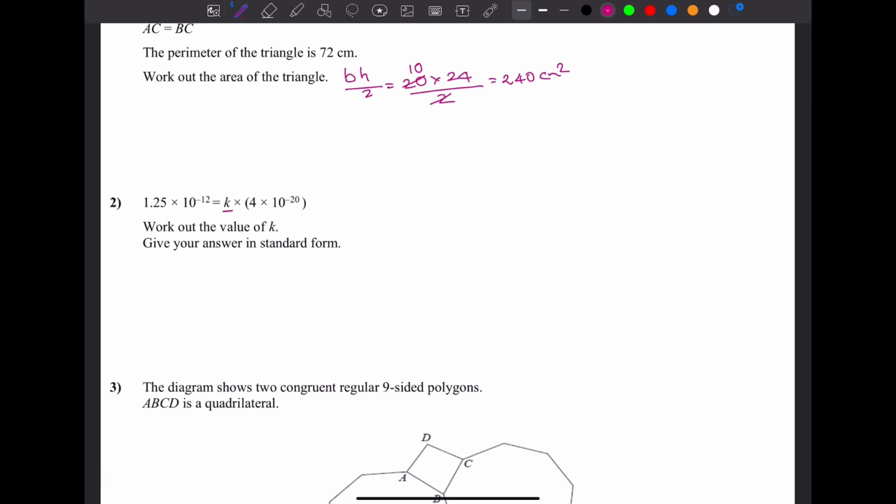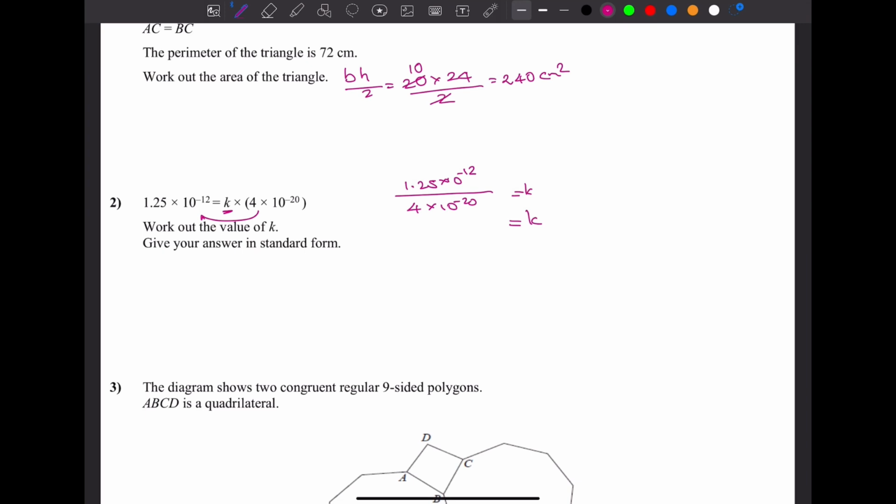You want the value of k, so you can divide it. You will take this and divide it over here. So k is equal to 1.25 times 10 to the minus 12 divided by 4 times 10 to the minus 20. Plug it through a calculator, this is from a calculator paper anyway.